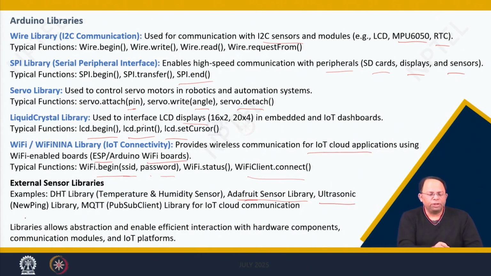Then the ultrasonic NewPing library, the MQTT PubSubClient library, and IoT cloud communication. All this requires different kinds of devices or sensors, so accordingly we can add new libraries and build our code. Libraries allow abstraction and enable efficient interaction with hardware components, communication modules, and IoT platforms.